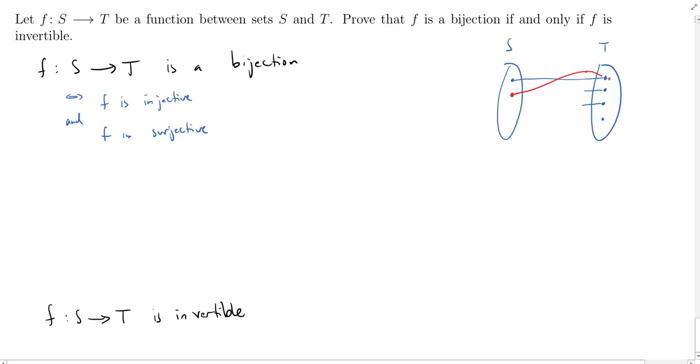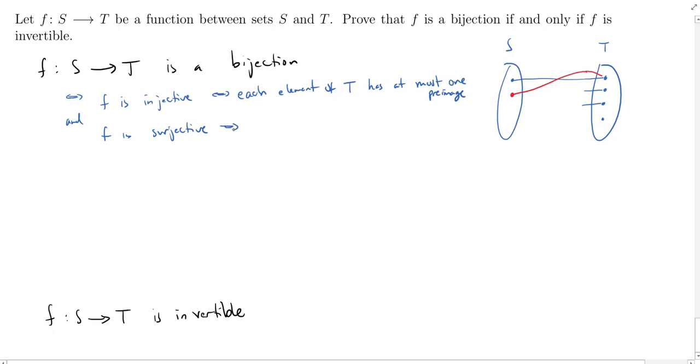That's not allowed with an injective function, but for a regular function, that's possible. You can have more than one pre-image. So what does it mean for f to be injective? We can say each element of the codomain, so of T, has at most one pre-image.